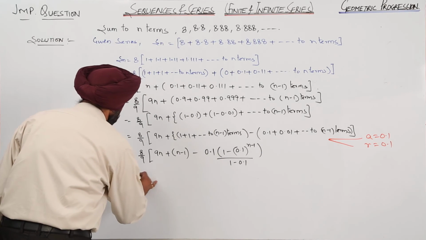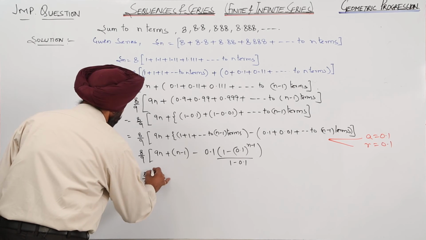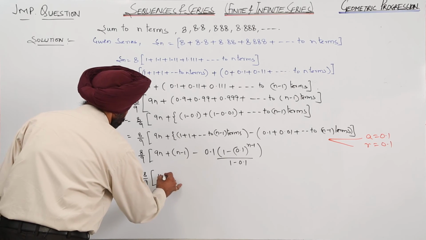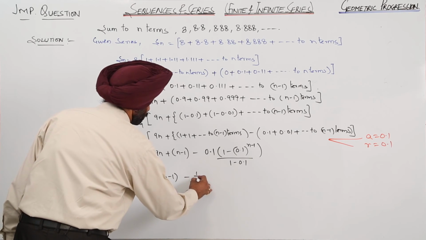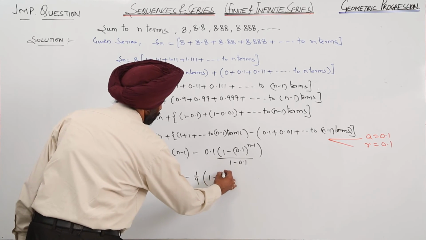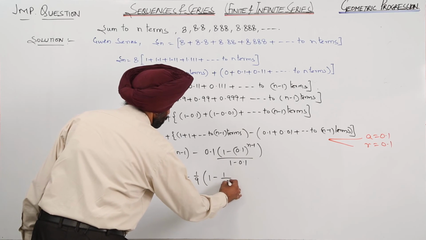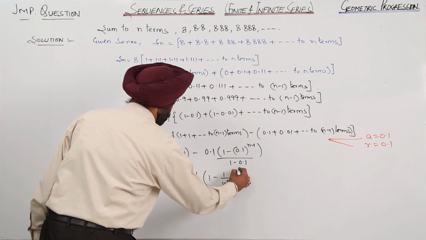So this becomes 8/9 times (10n − 1 − 1/9 times (1 − (1/10) raised to power n minus 1)).